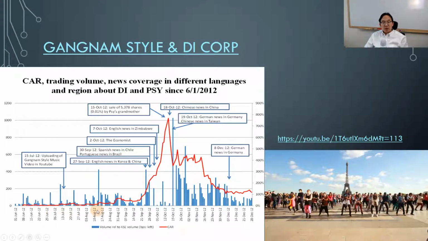Here what you see is the stock price chart of DI Corp, Psy's daddy's stock, Gangnam Style stock, right? DI Corp, a semiconductor manufacturing company. Actually, the testing machines, a semiconductor equipment company. And over the year of 2012, there was not much of an informational event.